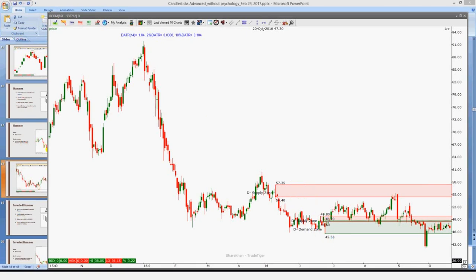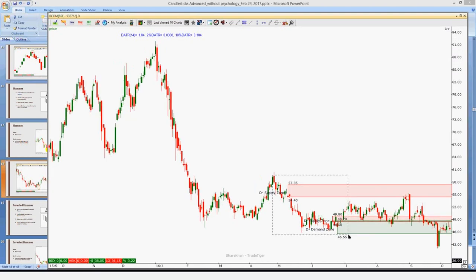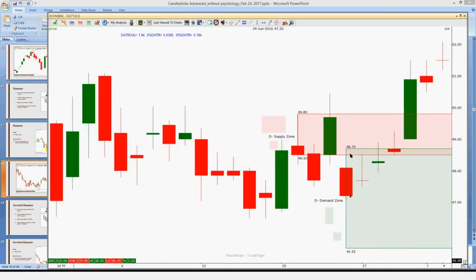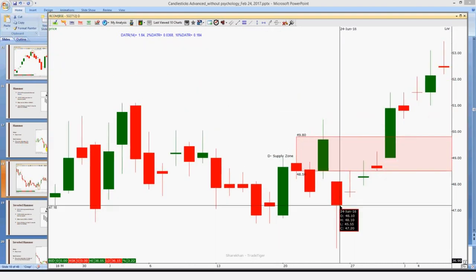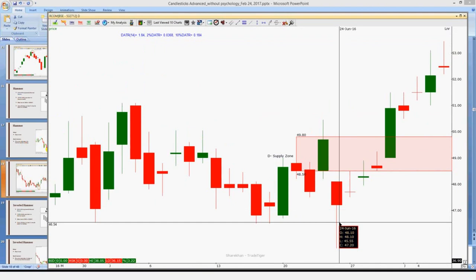Okay. So I'll zoom in. Can you see this pattern, this candlestick, 24th June 2016? Can you look at it?